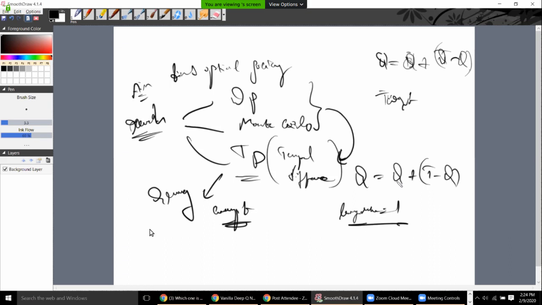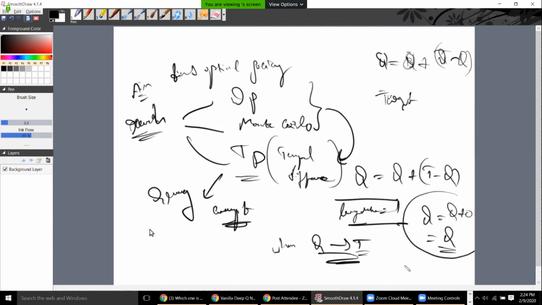After some iterations, Q is approaching T. Assume that Q equals T. Then Q equals Q plus 0, which equals Q. So when Q approaches T, it will converge, and this algorithm will converge. We are slowly bringing your Q value close to the target.